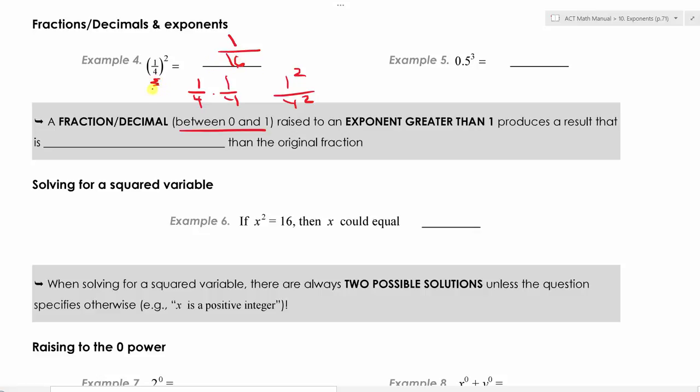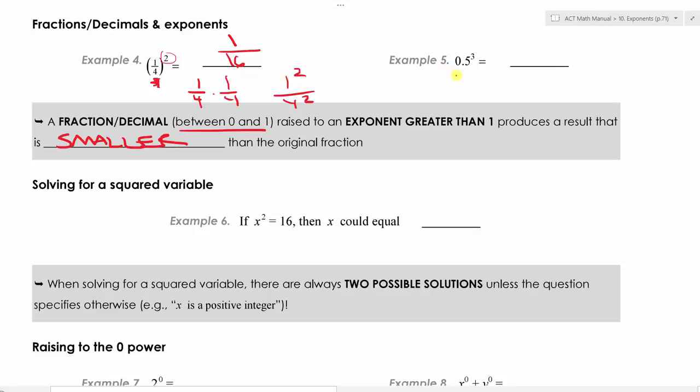And if we compare the original fraction that we squared to the resulting fraction, we can see that the result is smaller or lesser than the original fraction. So whenever we take a fraction between 0 and 1 and we raise that fraction to an exponent greater than 1, we're going to get a smaller result.